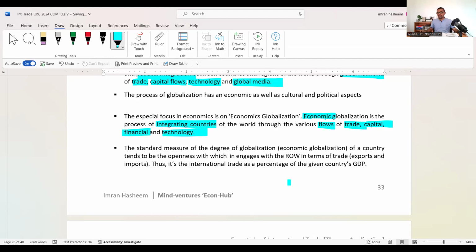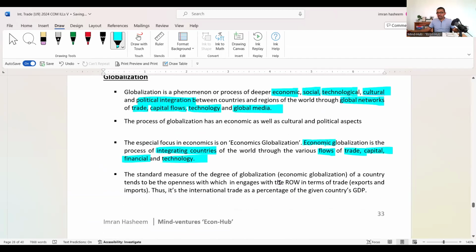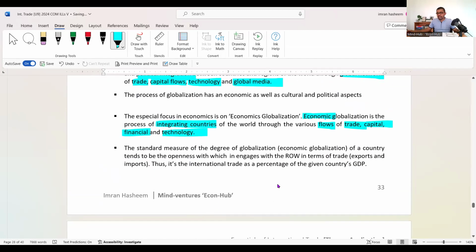That is economic integration. So there we focus less on the cultural, social aspects, but on the trade and the capital, financial, technological aspects. Right. So I've defined globalization generally, and economic globalization.